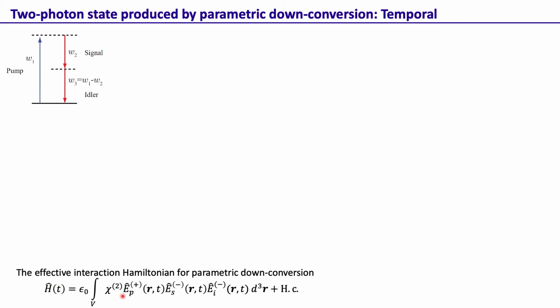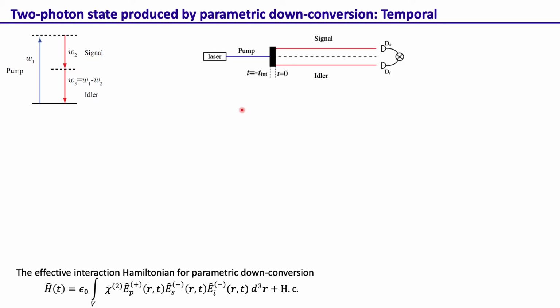Now at this point we will only be interested in the down conversion process where the down conversion happens in a fixed direction. That means signal and idler photons only come out in a fixed direction. Of course, it can be much more general, with photons coming out in any direction, but we will first be interested in the temporal effects with these 2 photons. So we are interested at this point in down conversion only in a fixed direction, and we'll fix this direction to be the z direction.